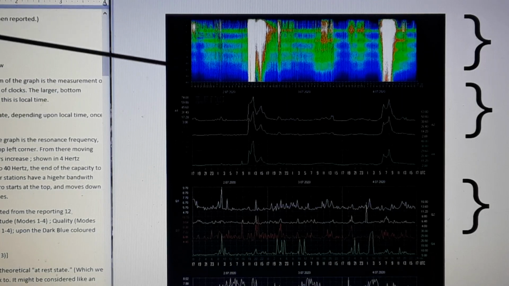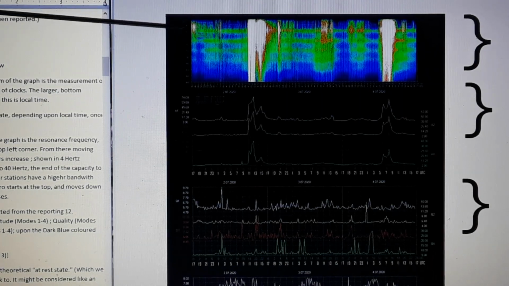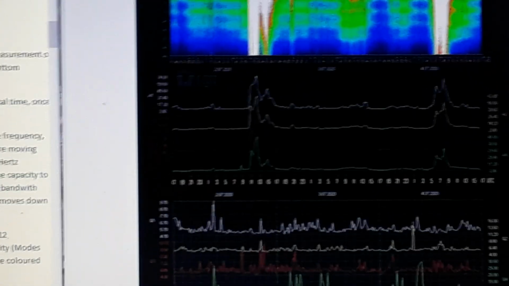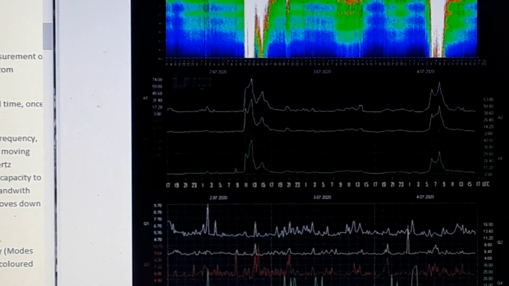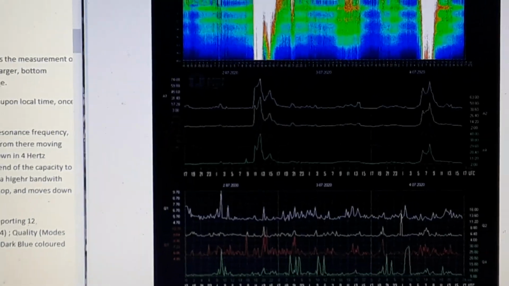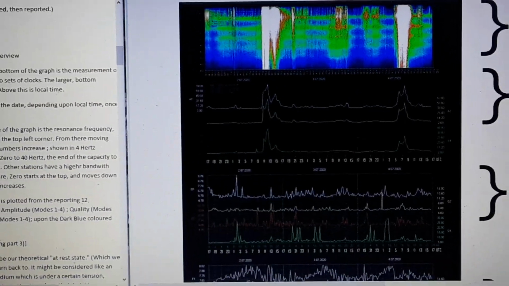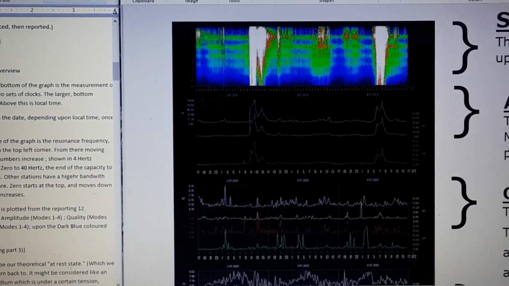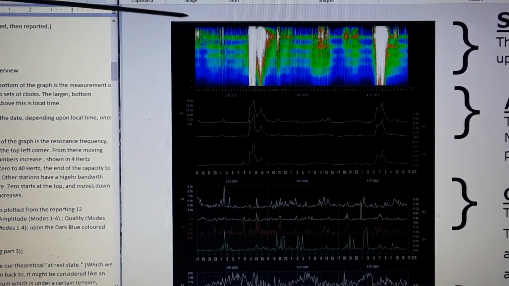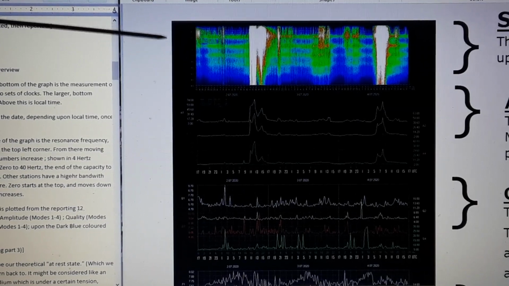The numbers increase, going at 4 Hertz increments. Let me scoot in on that. Okay, so it starts at 0 on the top left, which you can't see. I scooted in. All right. So 0 at the top left, and then it goes down to 40, broken in 4 Hertz increments.